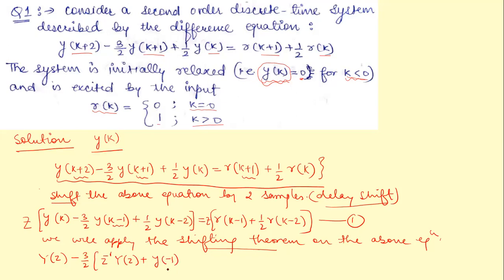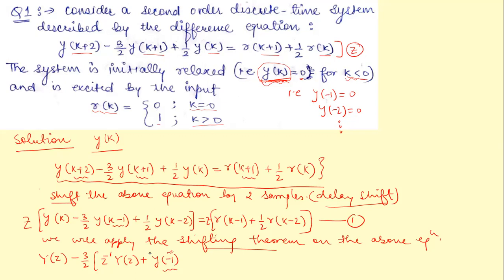Now this is the reason that we had to convert this equation into a delayed equation, because we have been given that yk is 0 for all values of k less than 0. That is y minus 1 is 0, y minus 2 is 0, and so on, right? So if we apply z transform on this particular equation, we will not get these negative samples, negative values.